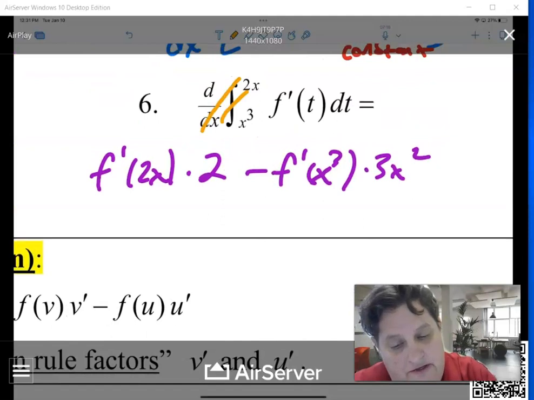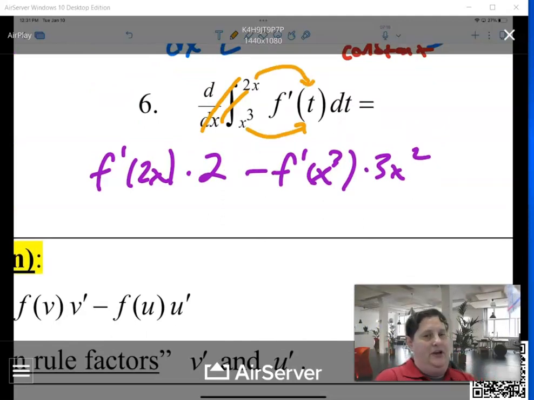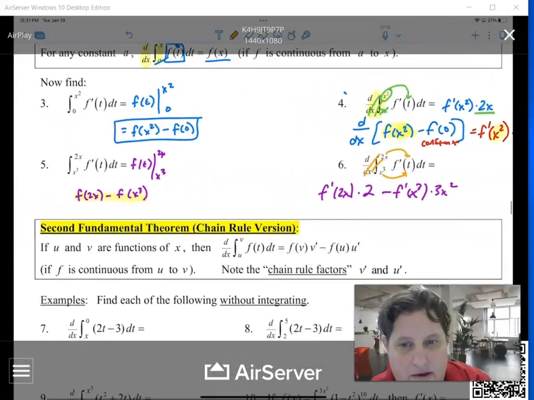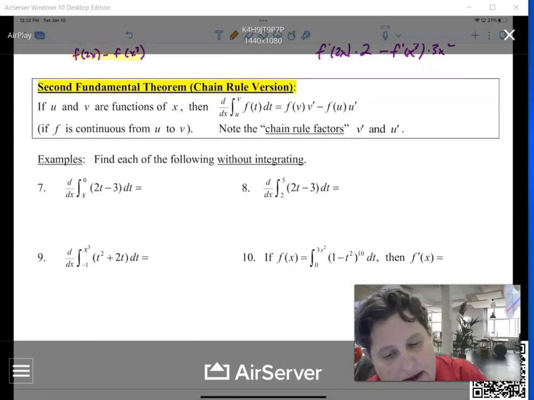Derivative and an integral will cancel each other out and leave that the same, and it's top minus bottom, but you just have to remember those little chain rule pieces, okay? So here's the chain rule version of the second fundamental theorem. If u and v are functions of x, and so on. Here we go. The derivative of an integral is exactly that.